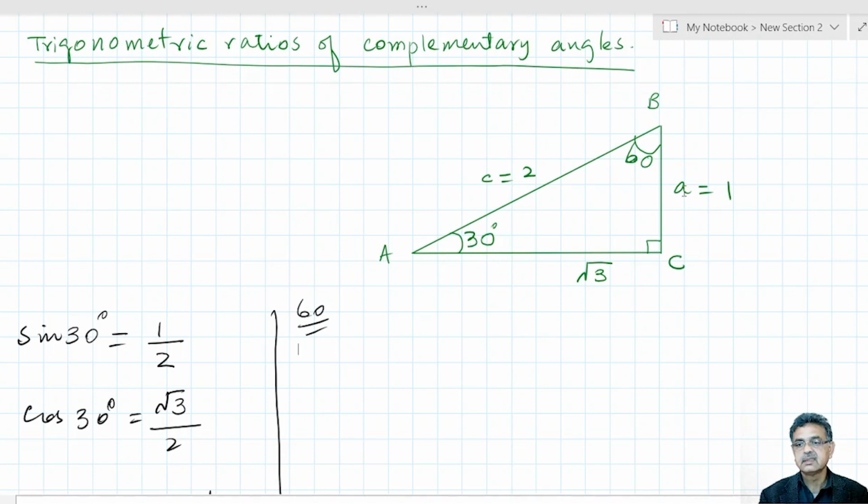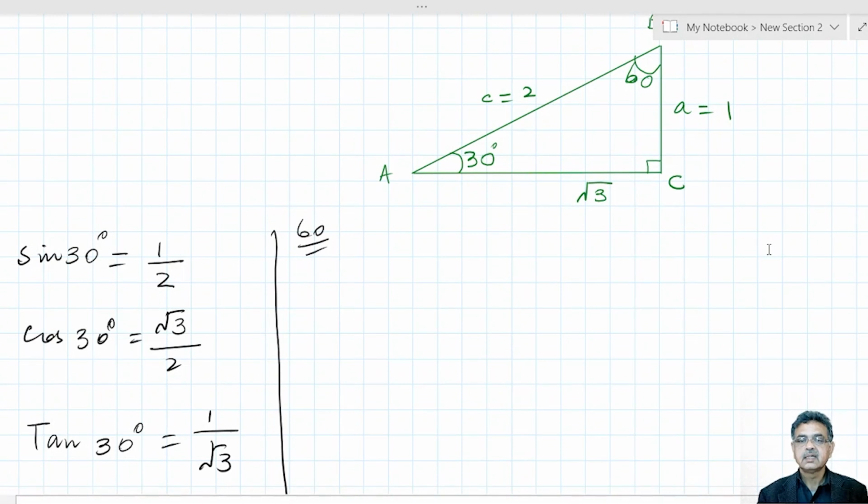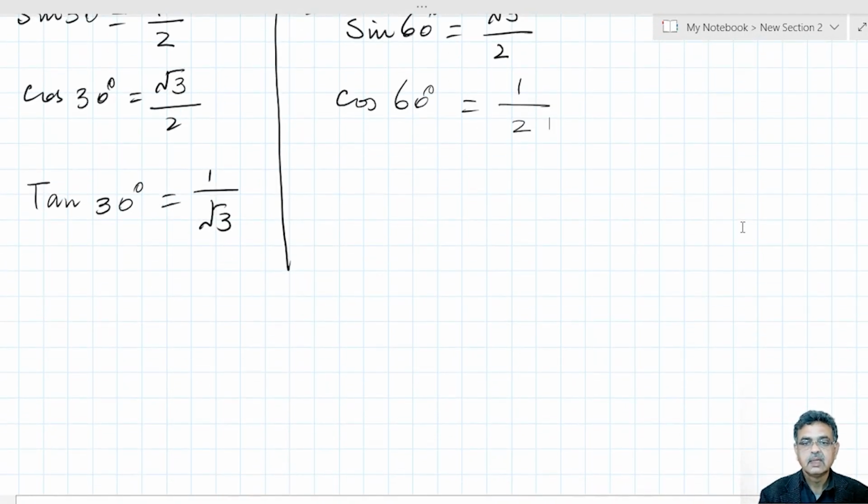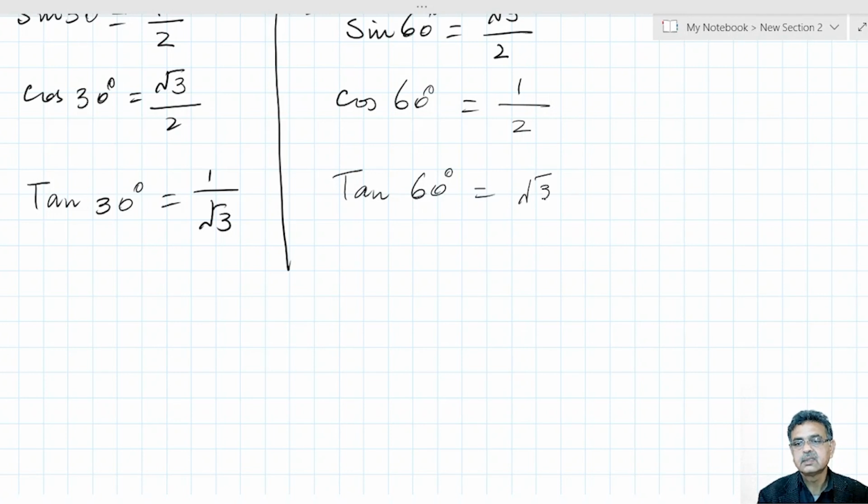For 60 degrees, sine 60 is opposite over hypotenuse, cos 60 degrees is adjacent over hypotenuse, and tangent 60 degrees is under root 3.